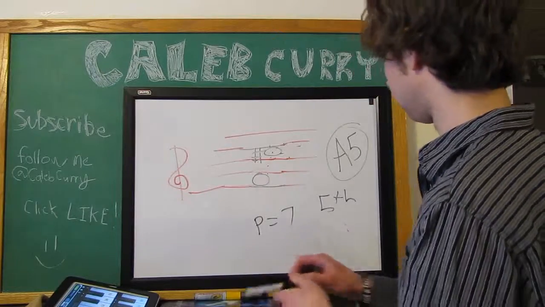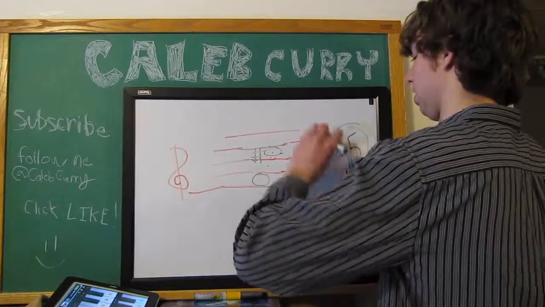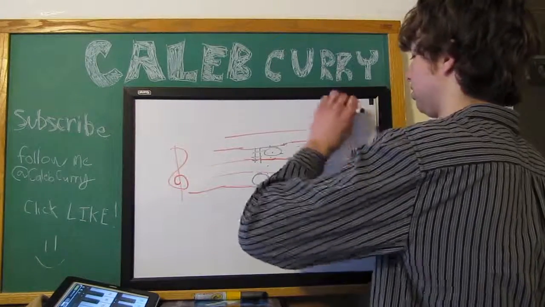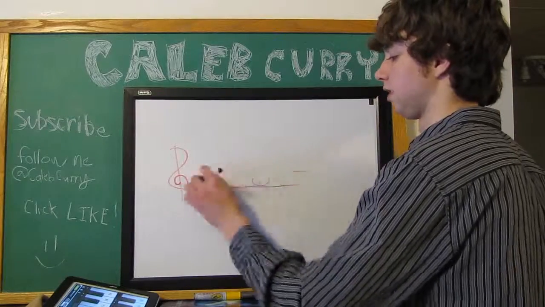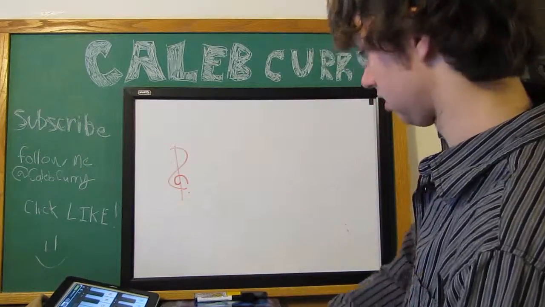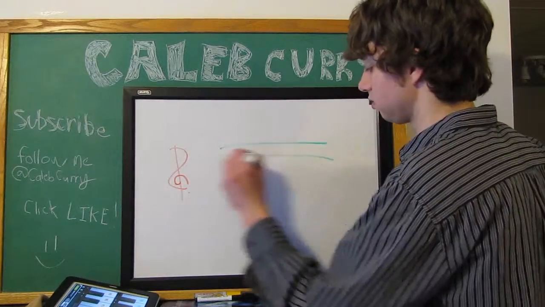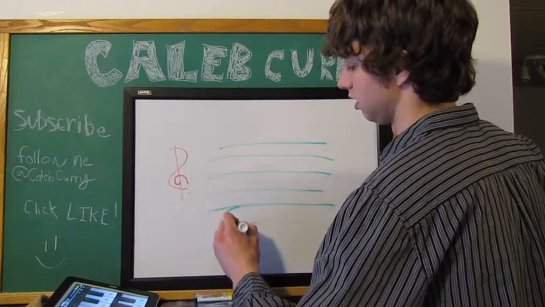Now let's try figuring out intervals. Where'd my eraser go? Okay, sweet. Okay, we're going to find an augmented sixth from D. Augmented sixth from D. So we create the staff. 1, 2, 3, 4, 5. I happen to know that D is right here.